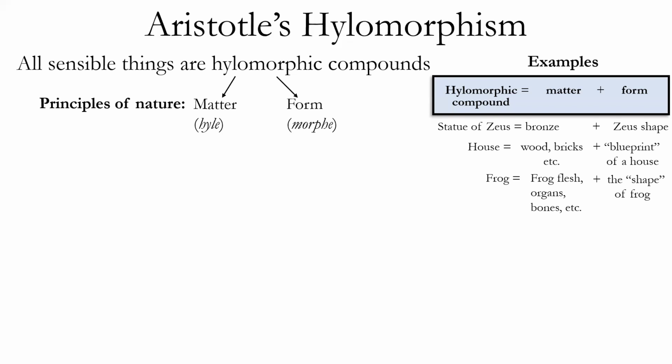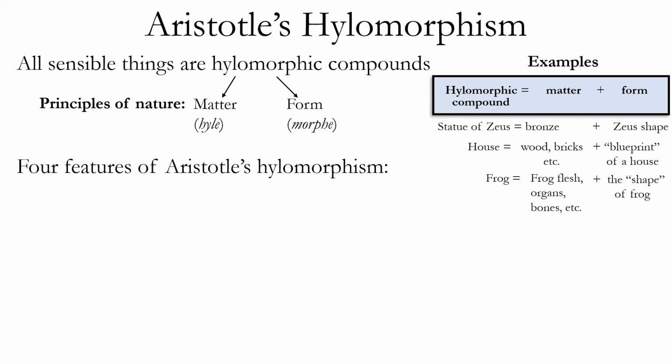What is the shape, quote unquote, of a frog? What's the form of a frog? Who knows? It's somehow analogous to the shape of the statue, some sort of arrangement or plan or shape, but I don't know. We're going to delay on that for now. We're going to punt on that for now.